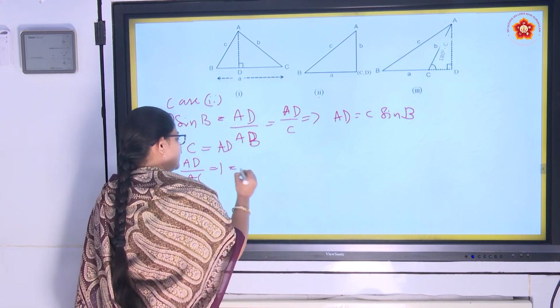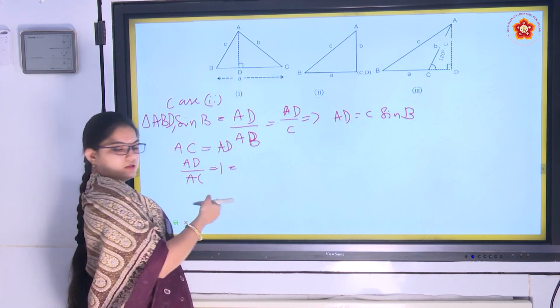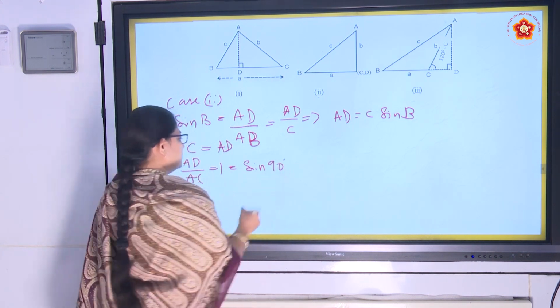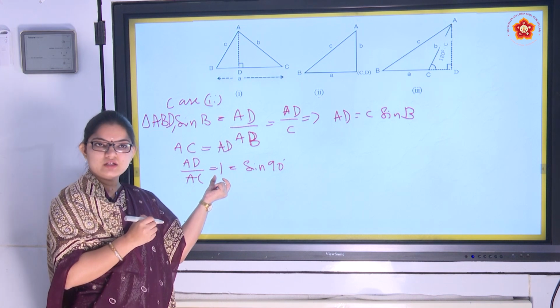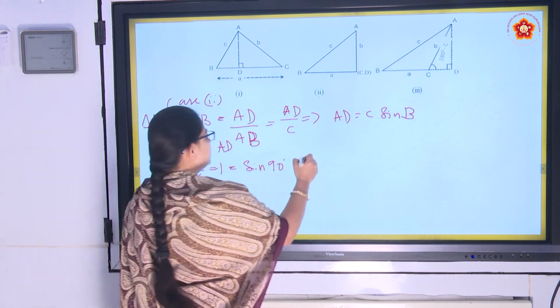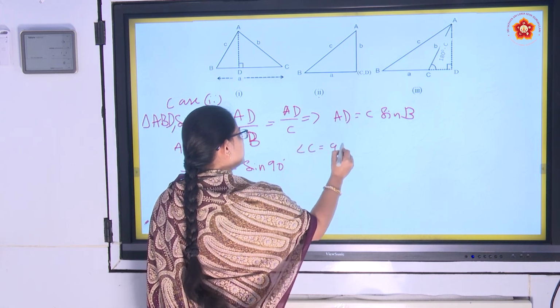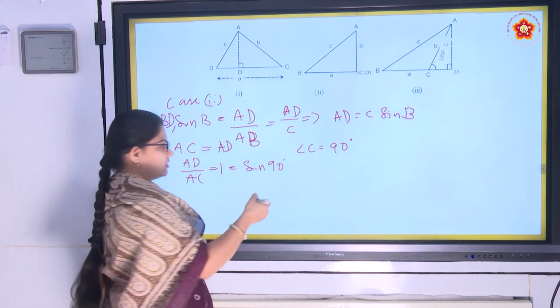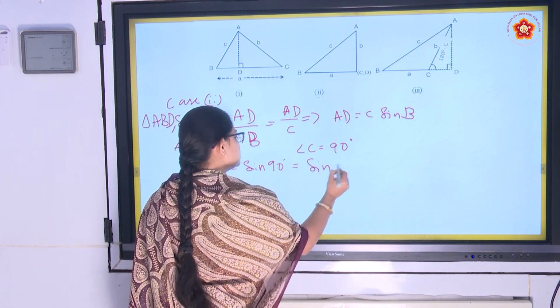And we know that sine of what angle is 1? Sine 90 is 1, right? So I can write 1 as sine 90, and since we know that angle C is 90 degree, therefore instead of 90 degree I can write C. So I can write this as sin C.